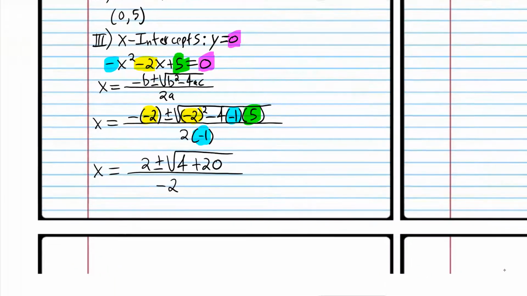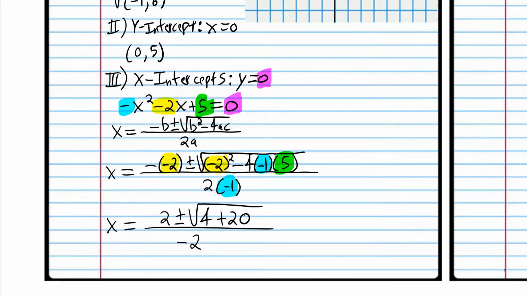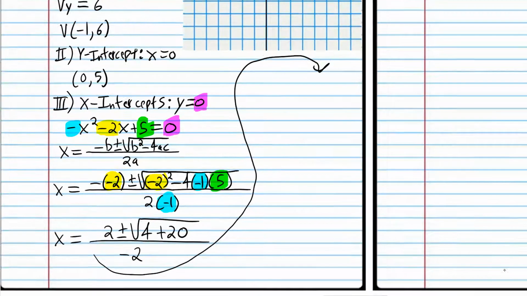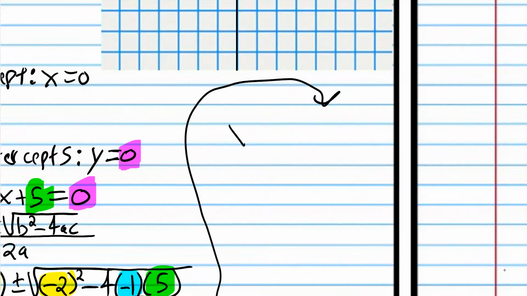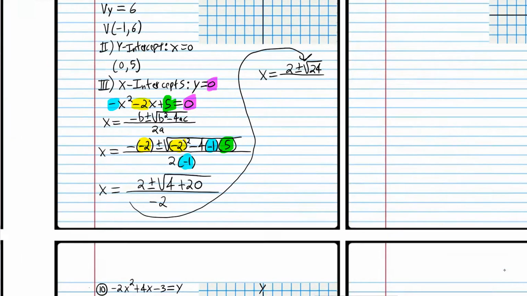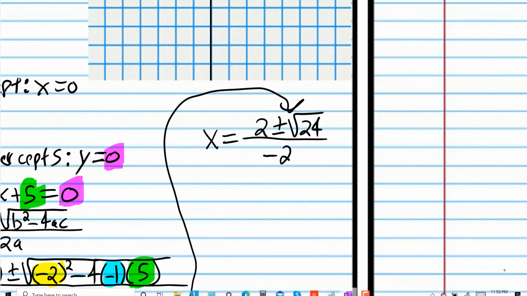And so we're going to add that up inside of the root, but it looks like we're out of room, so I'm going to go up here. So we have 2 plus or minus root 24 all over negative 2.